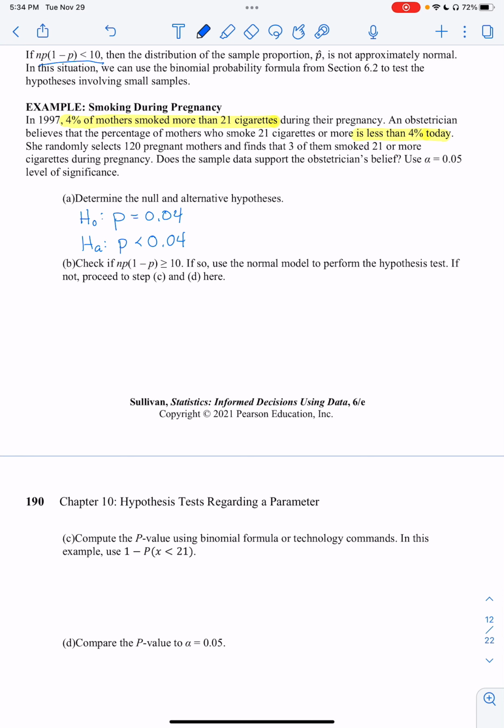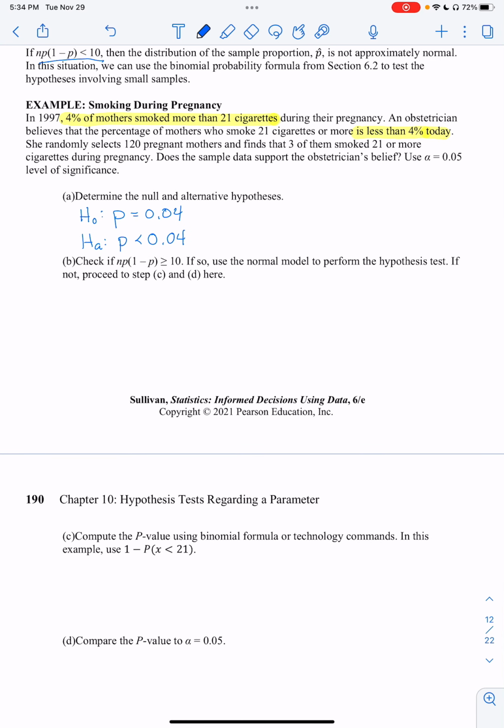If I go through and look at my conditions, my second condition is to see if my sample size condition is larger than or equal to 10. Here I have a sample size n equal to 120, and a population proportion for my null hypothesis of 0.04.